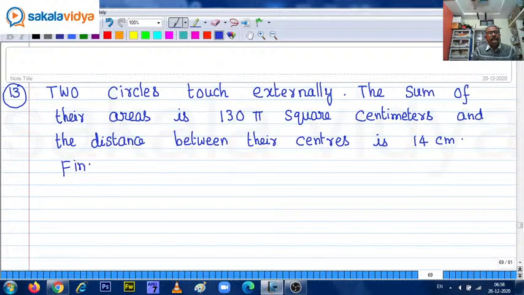Find the radii of the circles. Radii means plural of radius. So this problem is an application of quadratic equations. So all of you go through the question carefully.